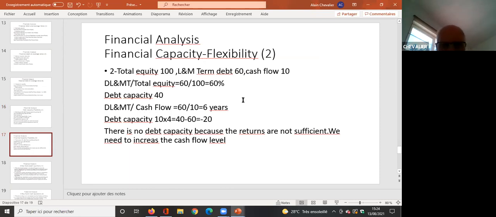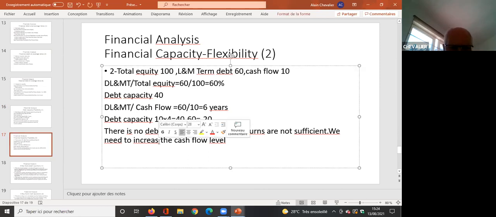So there is another example here I prepared, which is also a second example, with a few data, to explain what I just tried to explain.